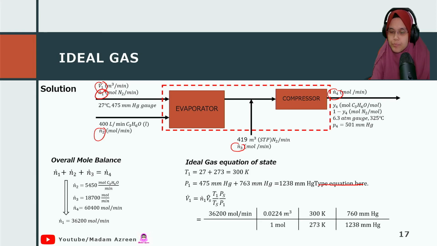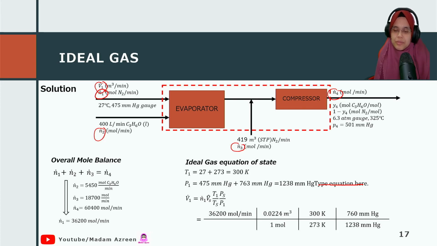Take your time to digest this example. What is the difference between this topic and previously? The difference is we consider non-ideal gas conditions. We are considering the property of gas that is really affected by temperature and pressure. That's the thing that we consider, and it is additional work.